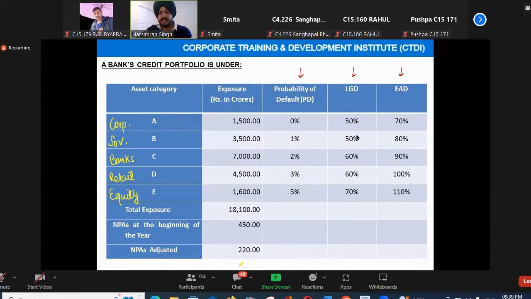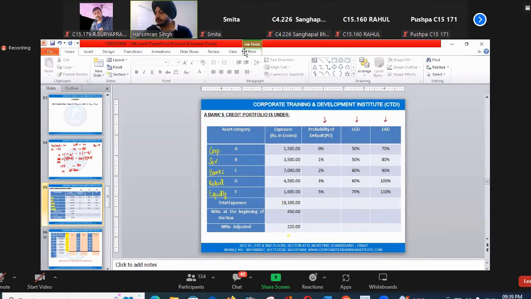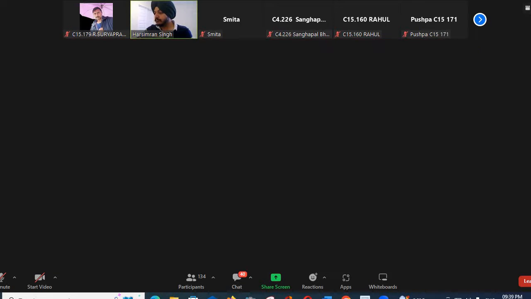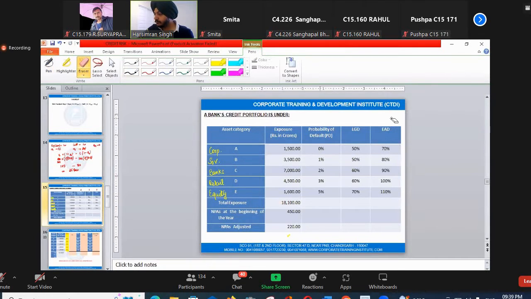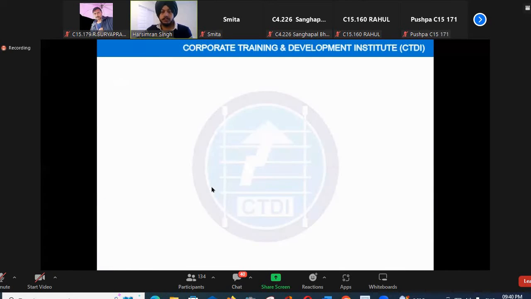Now, in this case, let us say all these PD, LGD, EAD are provided by RBI. Now, look here.